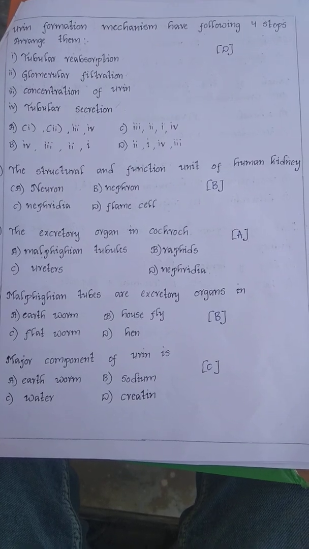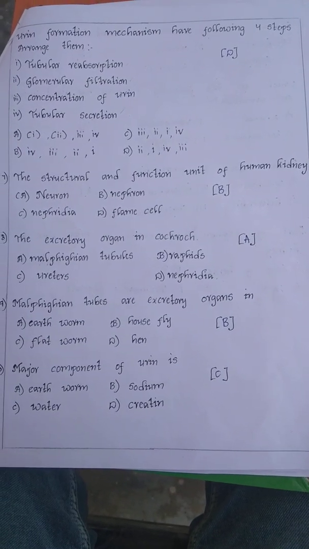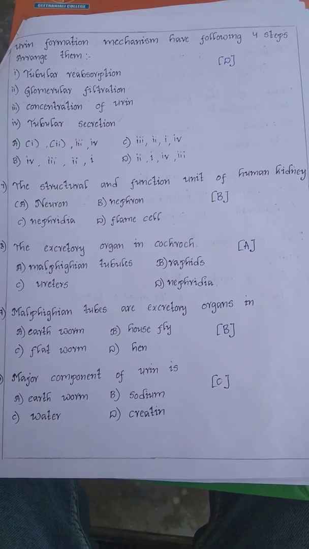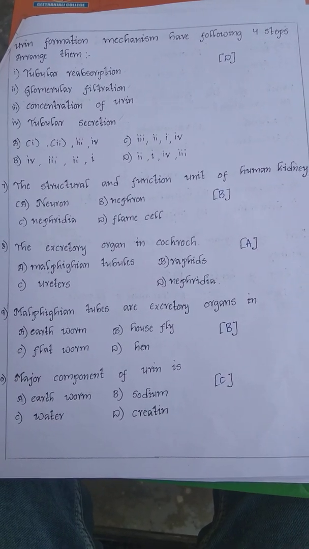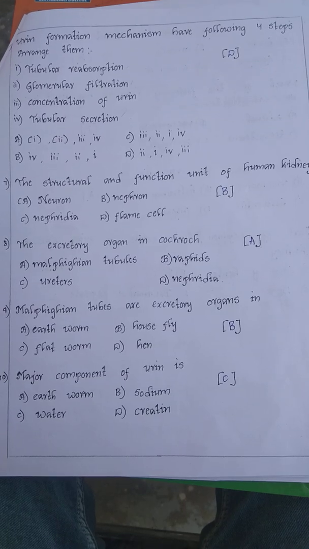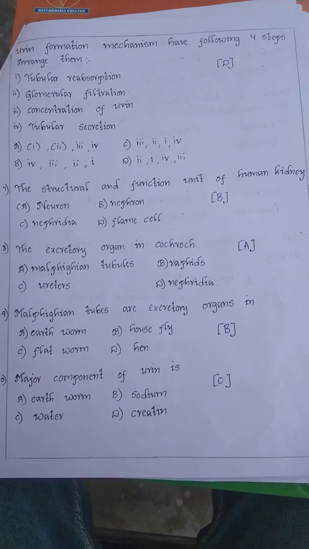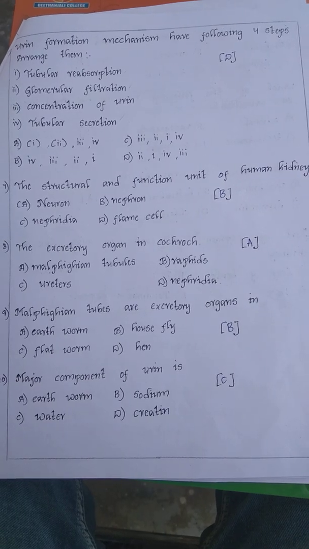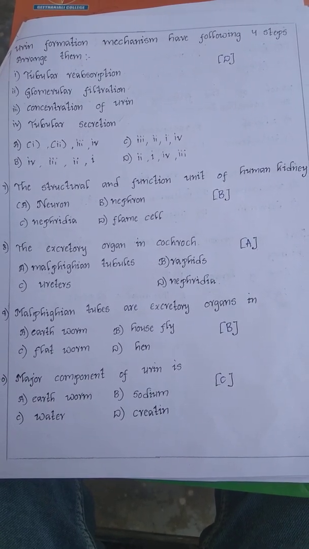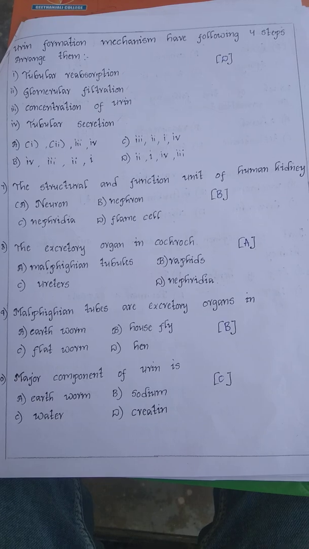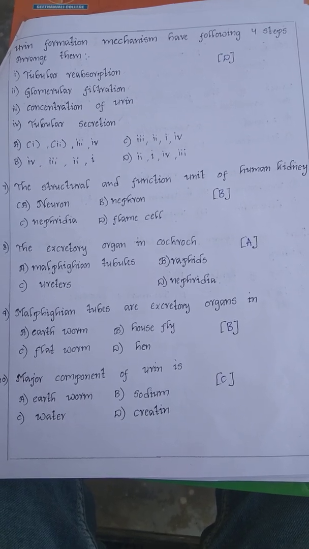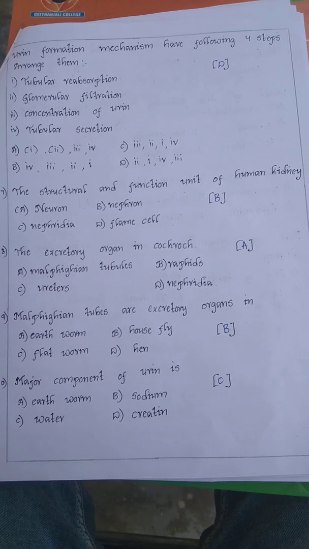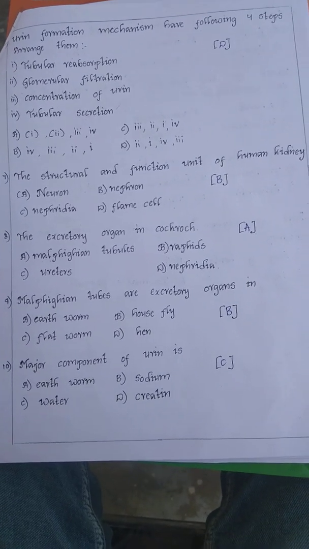Urine formation mechanism has the following 4 steps. Arrange them. First glomerular filtration, and then tubular reabsorption, then tubular secretion, and then concentration of urine. Right?